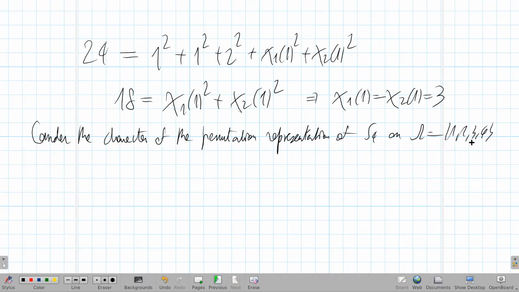This is a very easy character because the value on g is the number of fixed points of g. So let's call it chi. This is not ambiguous because the other characters are called chi1 and chi2.